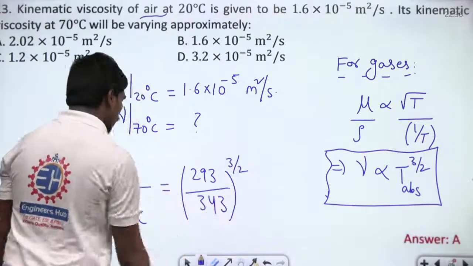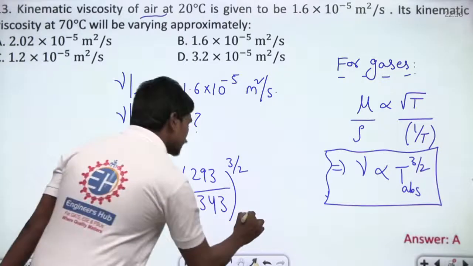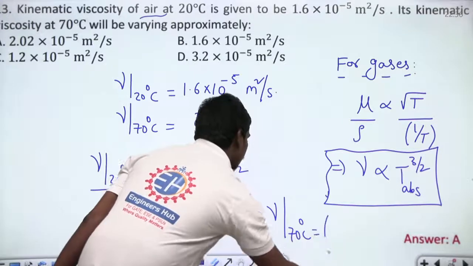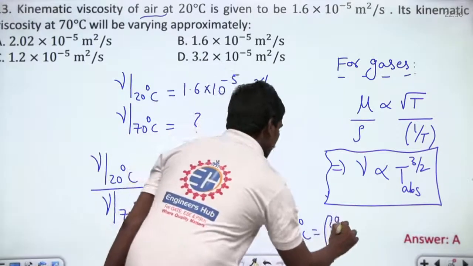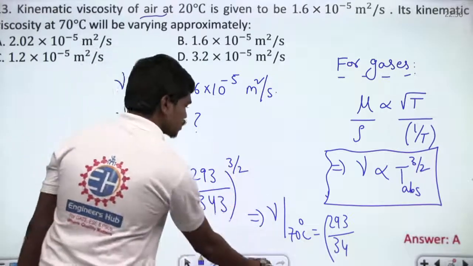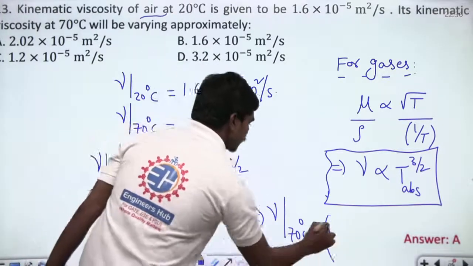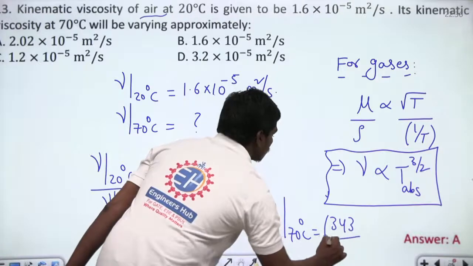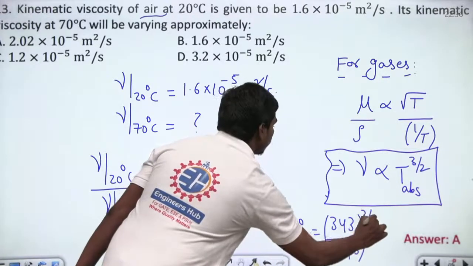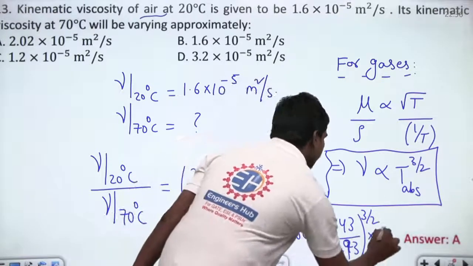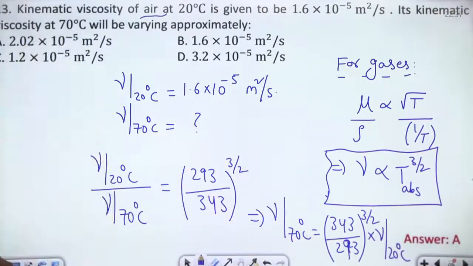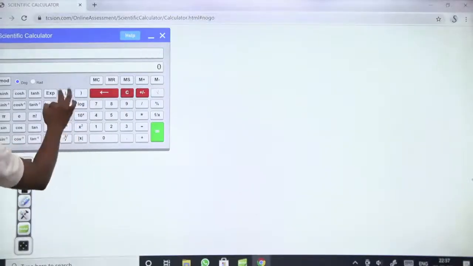So if you want this value of nu at 70 degrees Celsius, this will be equal to 343 divided by 293 whole to the power 3 by 2 into kinematic viscosity at 20 degrees Celsius. This is the value. So let us calculate it.